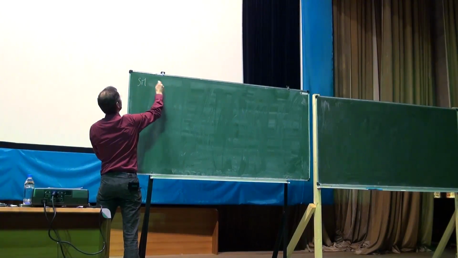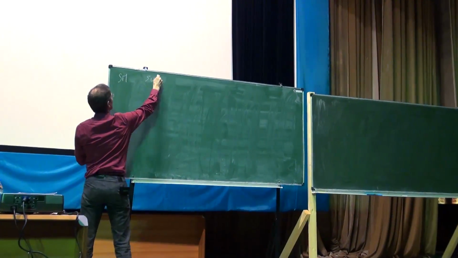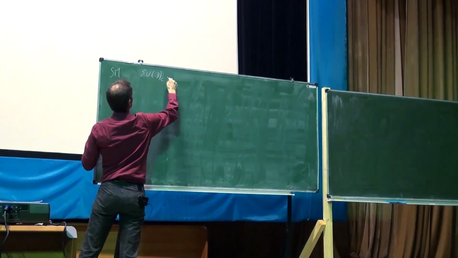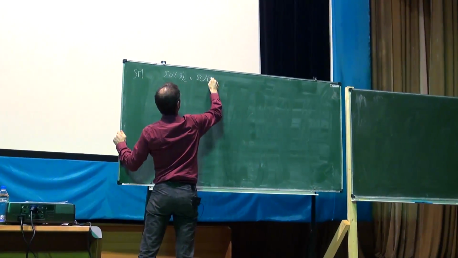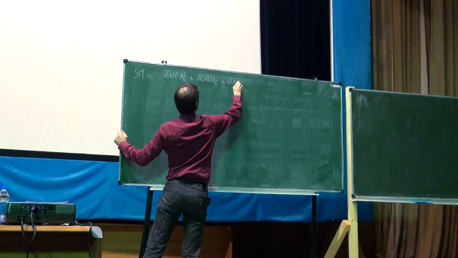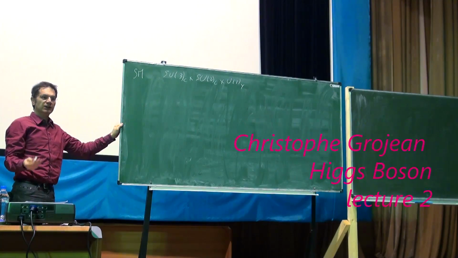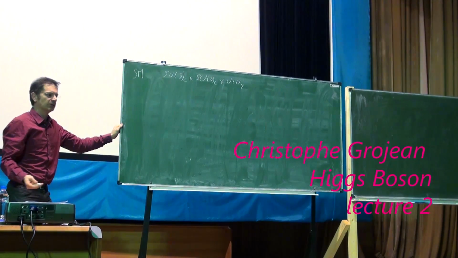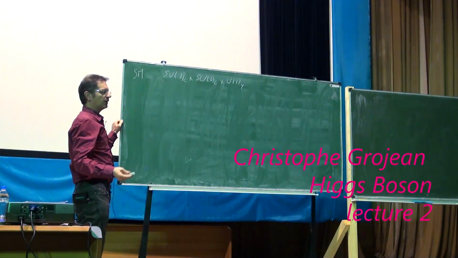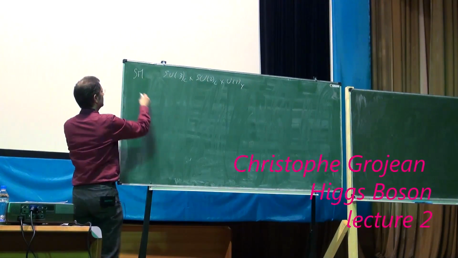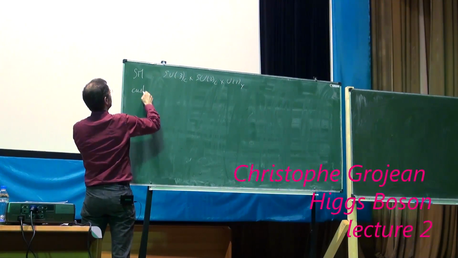So yesterday I told you that the standard model is based on a gauge symmetry which is invariant under SU(3) color plus SU(2) left plus U(1) hypercharge. And we spent quite some time yesterday to identify an additional global symmetry of the standard model, which is equally important, the custodial symmetry.